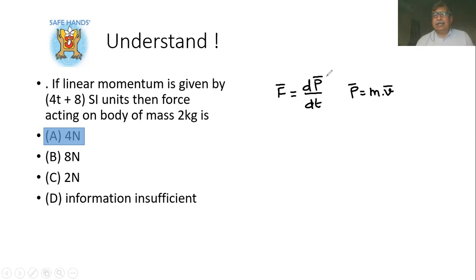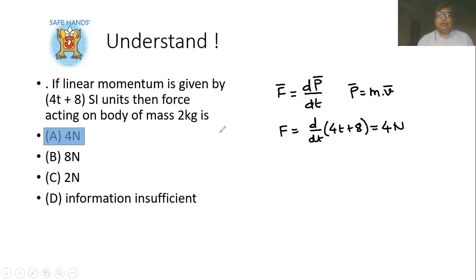Now it has been given by the expression 4t plus 8. That's why F will turn out as d by dt of 4t plus 8, and it turns out to be 4. Because it is in SI units, it will be 4 newton.